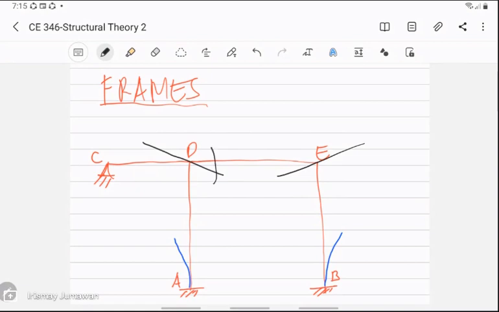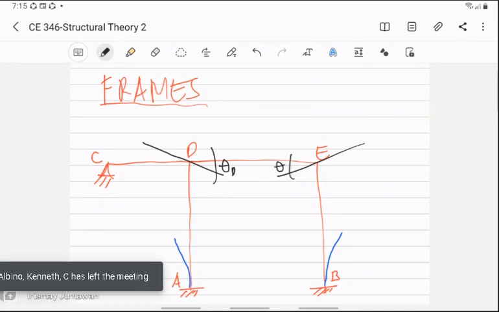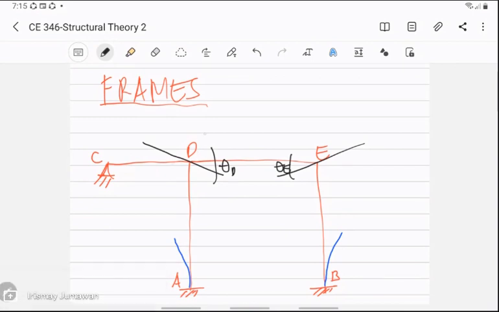So here, this is our theta D, and this is also our theta E. Here also, in the geometry, you also have your theta D, and here is also your theta E.